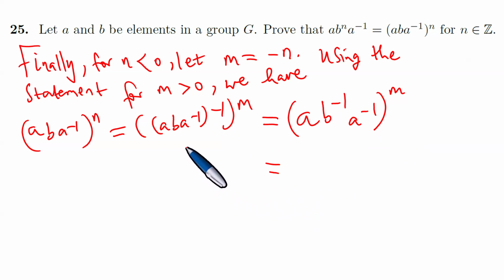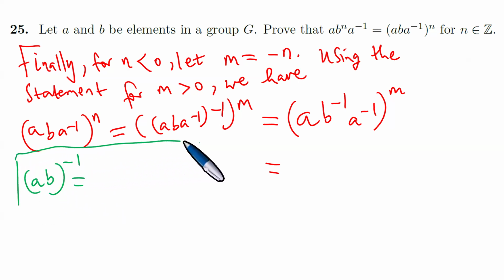If you raise this to this power, why is this the case? I'm just going to put some justification on the side, because we know that according to group properties, ab to the minus 1 is the same as b minus 1, a minus 1. So this is true.